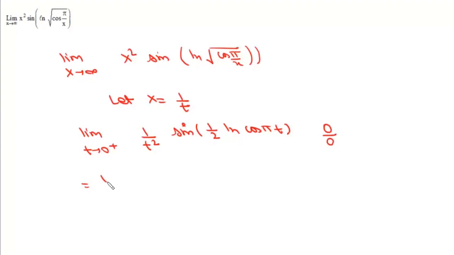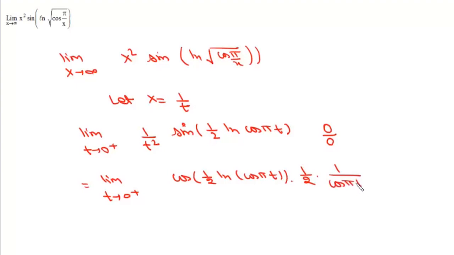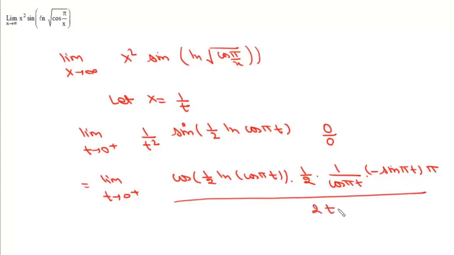Now we use L'Hopital's rule. We can write limit t tends to 0 positive. Now this is cos(1/2 log cos πt) into 1/2, and then 1 upon cos πt, and then it will be this minus sin(πt) into π divided by 2t.